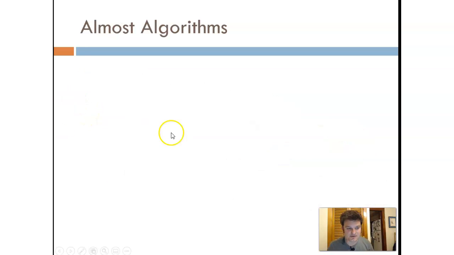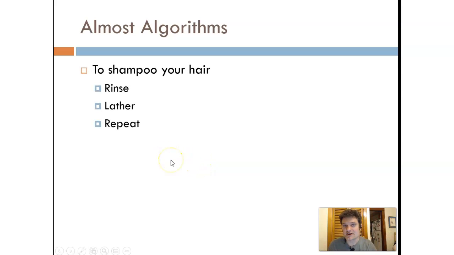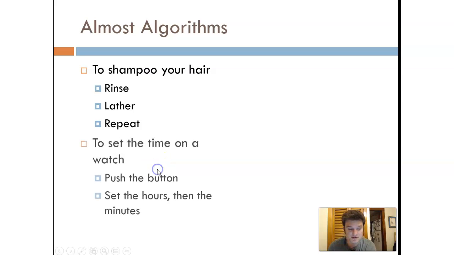So a couple of examples of almost algorithms that aren't computer-like. To shampoo your hair: rinse, lather, repeat. That's an almost algorithm because that's just going to repeat over and over again. So essentially, you're just washing your hair forever and ever. But you see, it's a clear sequence of steps, something that you can actually physically do too. So it is a feasible thing.